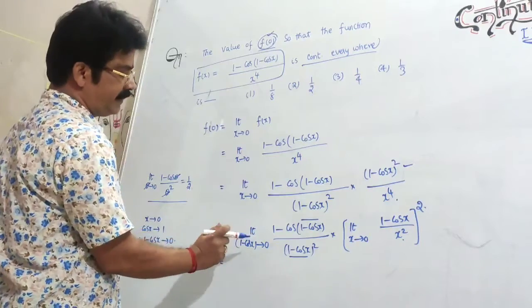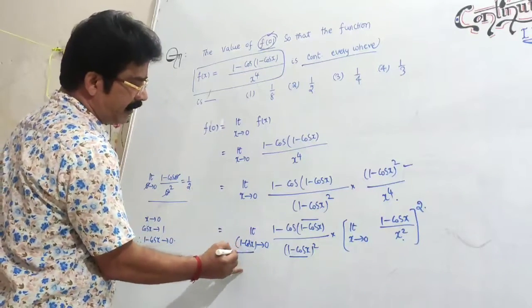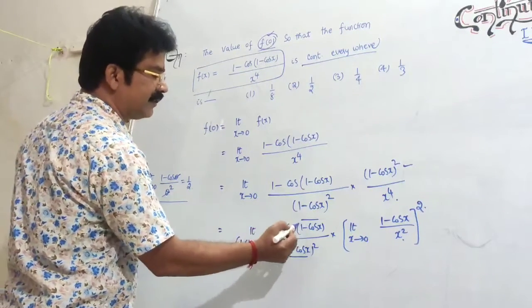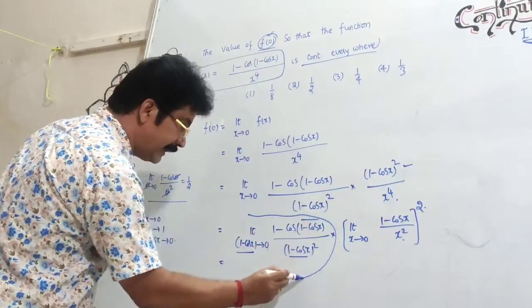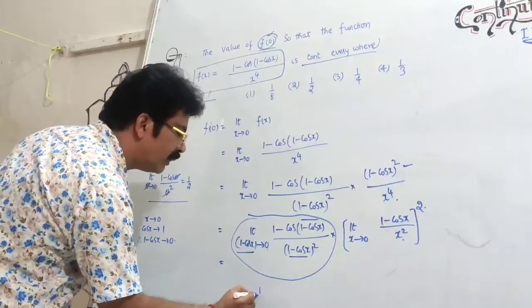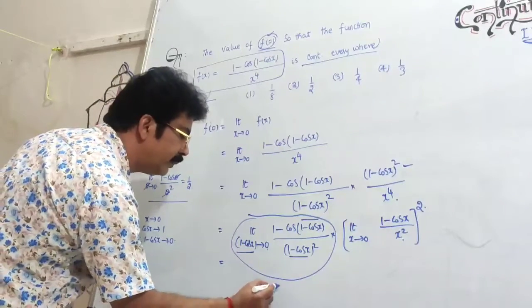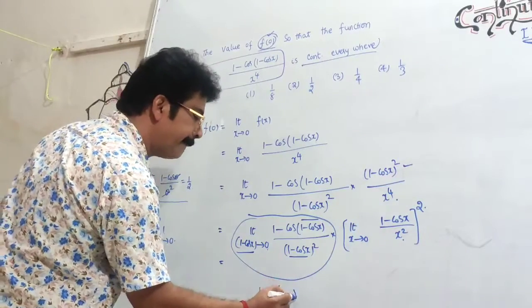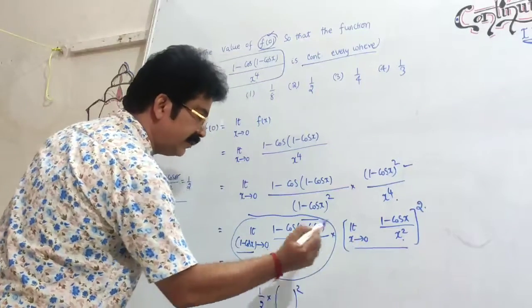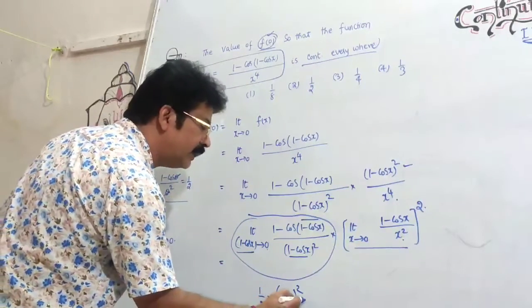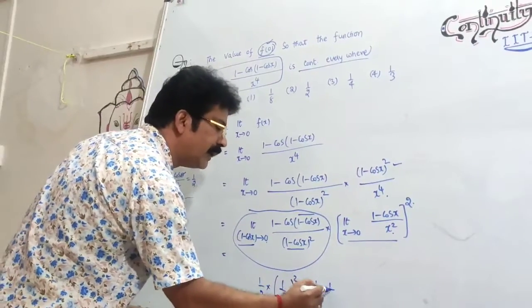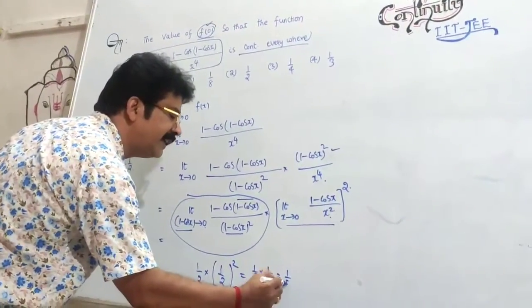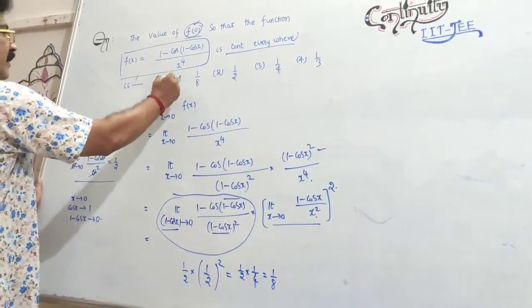Now it takes the form limit theta tends to 0, (1 minus cos theta) divided by theta square. So its value is equal to 1 by 2, and into the whole square, its value is 1 by 2 into 1 by 2 square, 1 by 4. That is equal to finally 1 by 8. So first option is right.